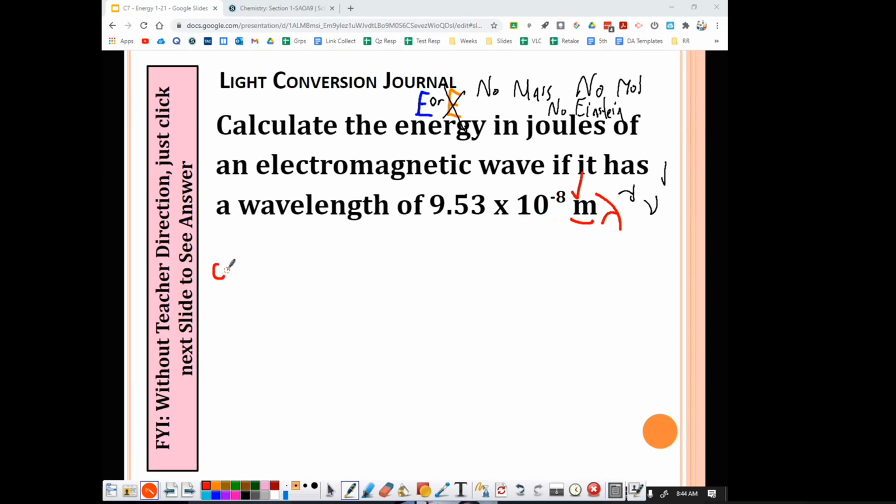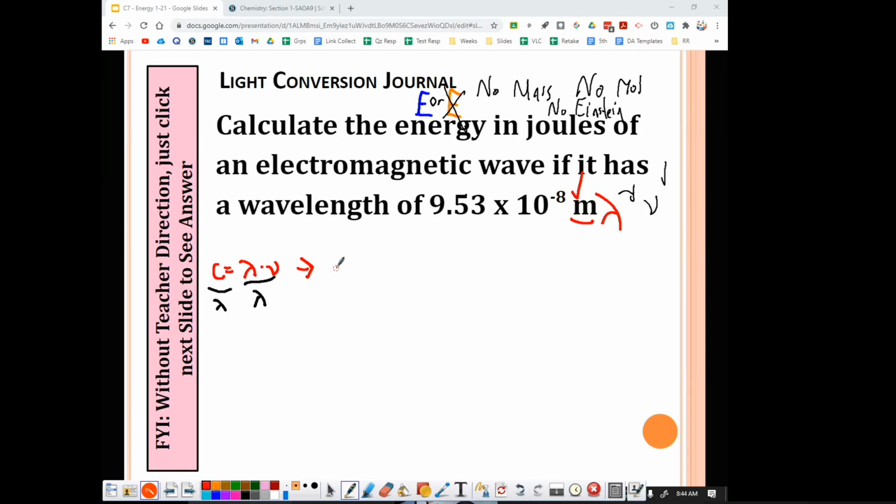I start with my wave equation. C equals wavelength times frequency, except what I want is frequency. So I'm going to alter it. I'm going to divide both sides by wavelength so that frequency is by itself.